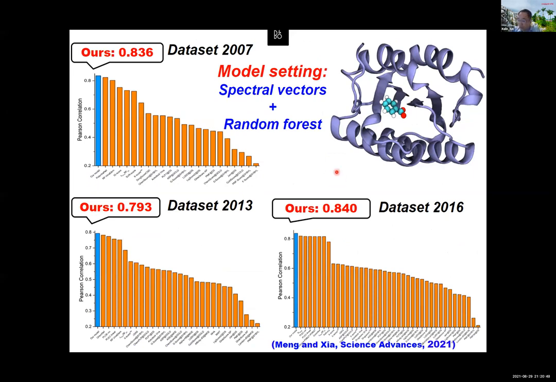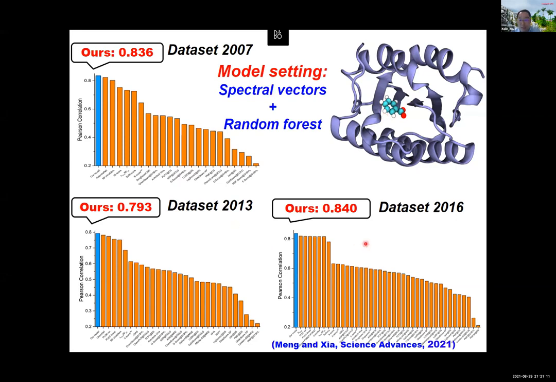One thing we checked is the protein-ligand binding affinity study. Essentially, the drug will bind to proteins, and if they bind very strongly, then they usually tend to change the properties of these proteins. Usually, it can help you cure disease or solve problems. So predicting these binding affinities is of great importance.